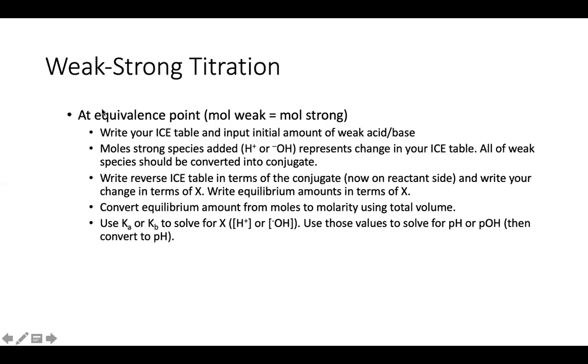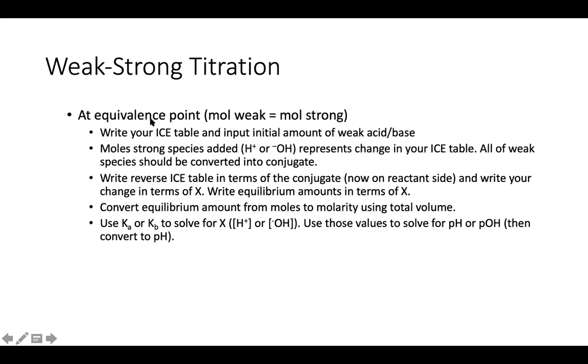Once we identify that we're at our equivalence point, we're going to write our balanced equation in our ice table, and we're going to input our initial amount of our weak acid, assuming we're doing a weak acid strong base titration. The moles of our strong species, in this case hydroxide, the moles of hydroxide added, will represent the change in our ice table.